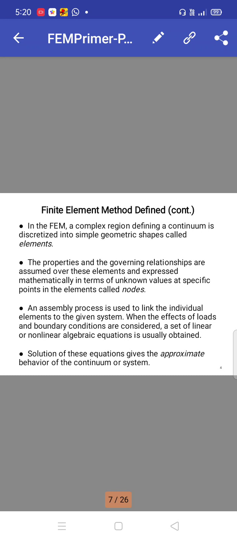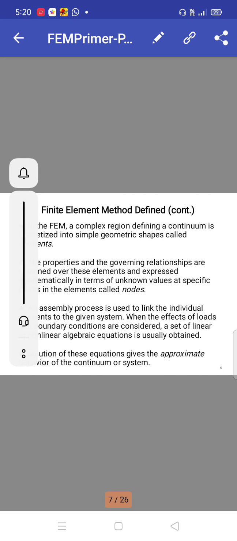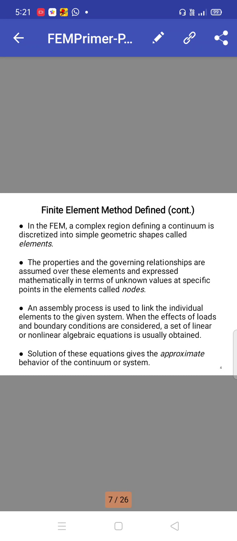An assembly process is used to link the individual elements to the given system. When the effects of loads and boundary conditions are considered, a set of linear or nonlinear algebraic equations is usually obtained. Solution of these equations gives the approximate behavior of the continuum or system.